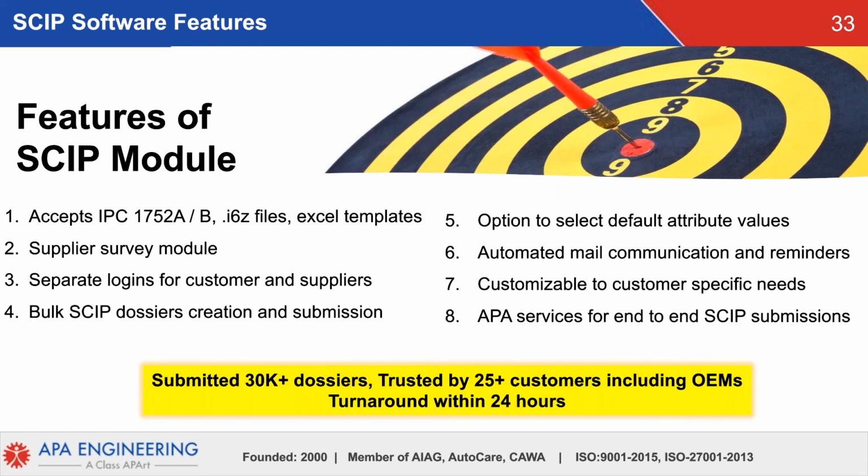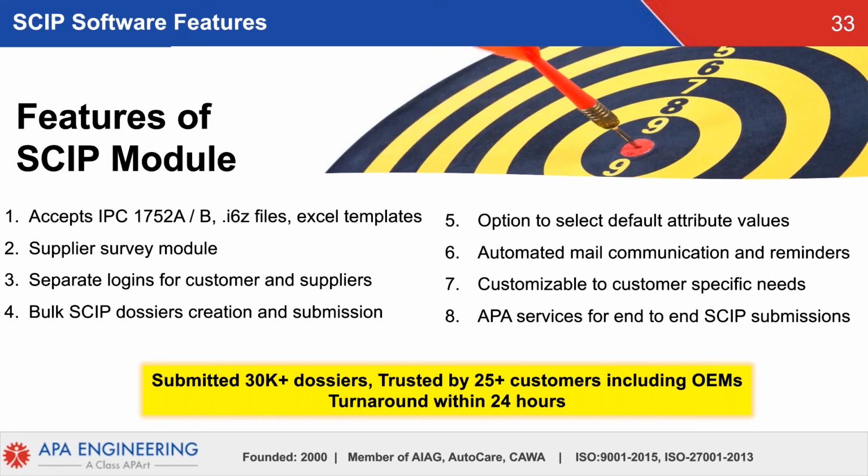API offers the complete end-to-end services for SCIP submissions. Using the GreenCheck SCIP module, API has submitted over 30,000 dossiers in the last 45 days. It is trusted by 25 plus customers, including the major OEMs, and API has provided turnkey solutions for them.